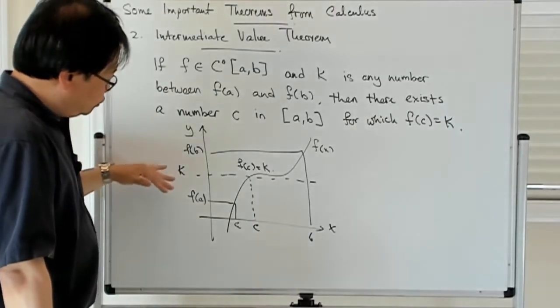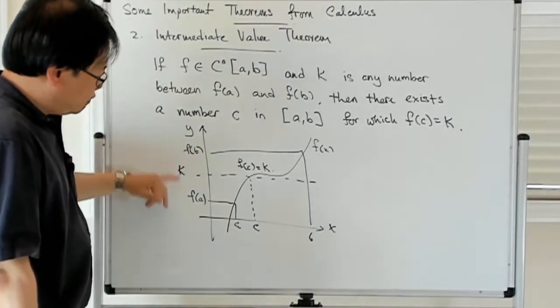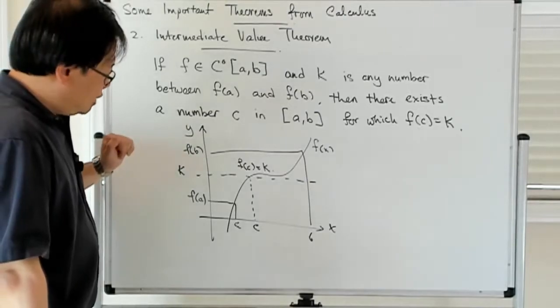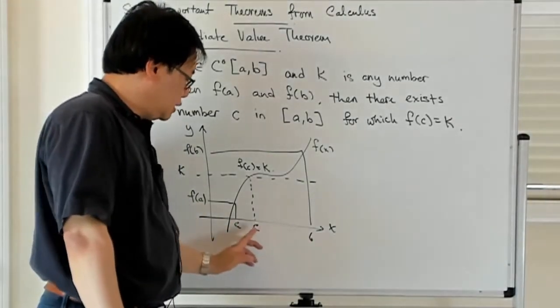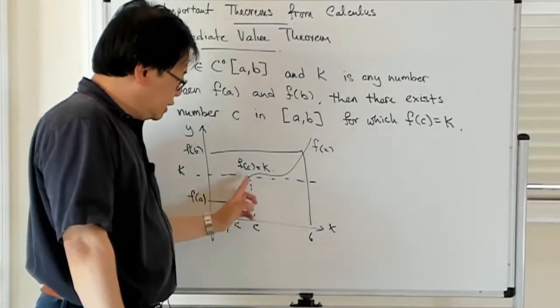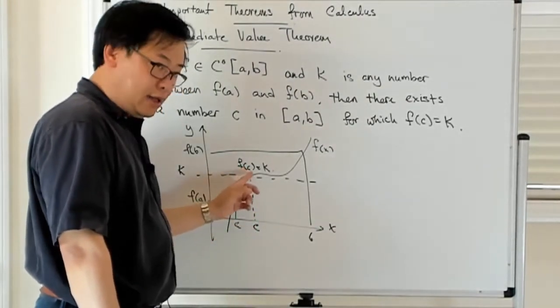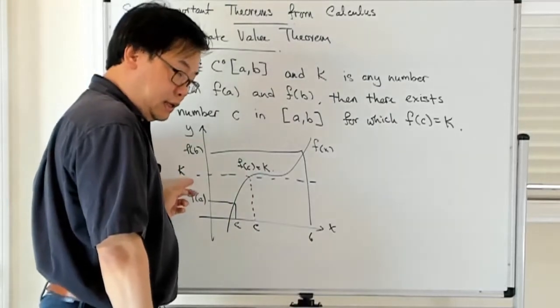So if you choose k to be any value between f of a and f of b, there is at least one point in the interval from a to b, which we call c, such that the value of f at that point c is k.